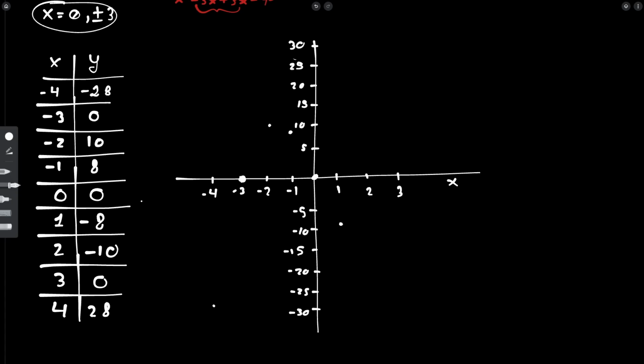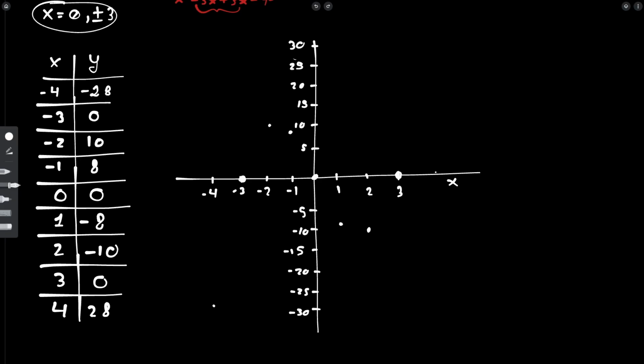And notice how it inverts about x equals 0. Right about there. We go back to 0 and up to positive 28.